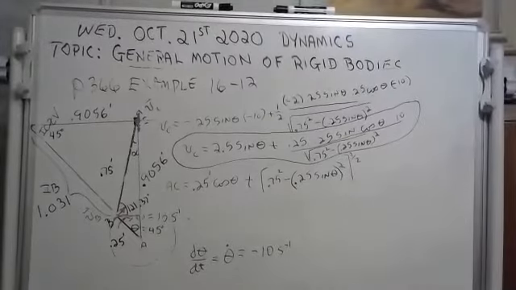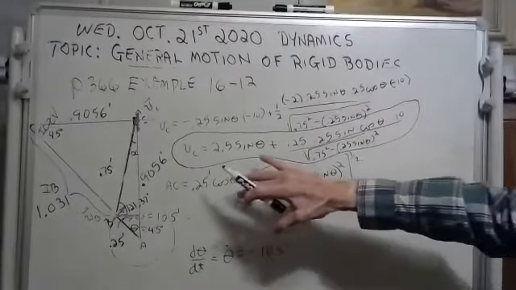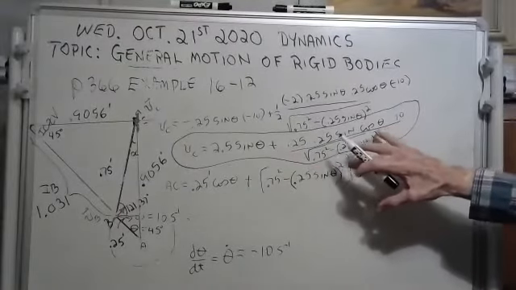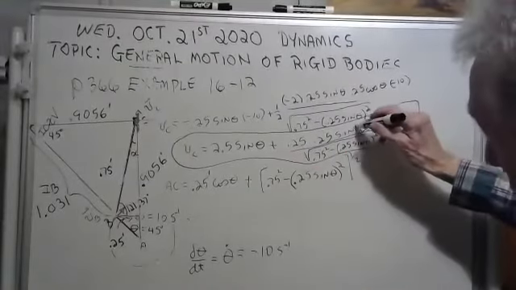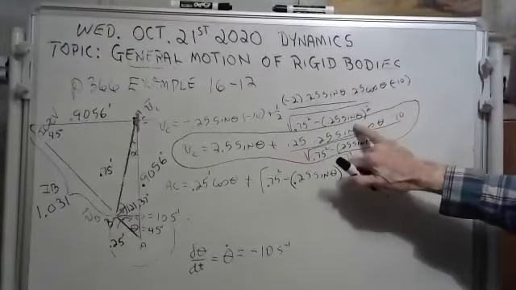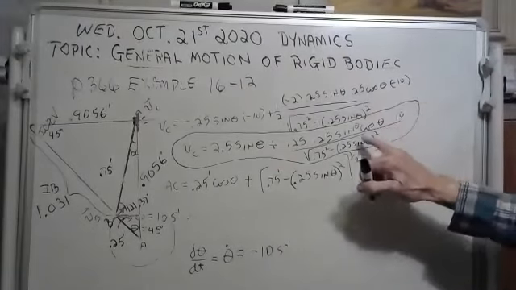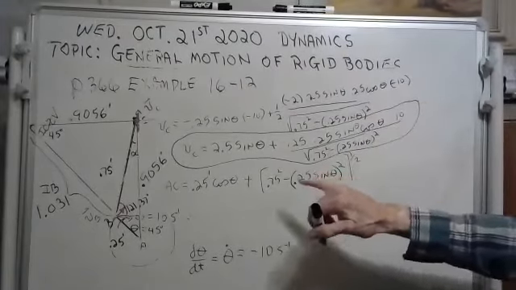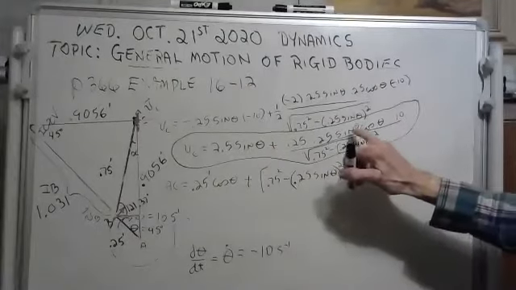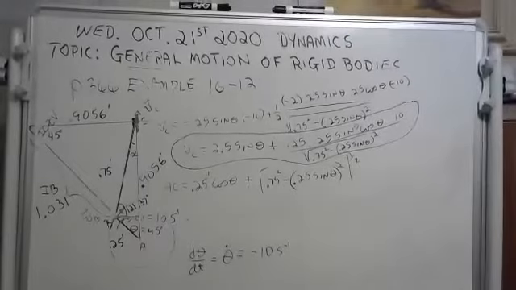Get your calculator. Oh gosh, we only got 5 minutes. Get your calculator and plug in 45 degrees. Whoops, where's my theta? There's a theta right there. There we go. Plug in 45 degrees everywhere you see a theta and solve that. I'm going to solve it and see what I get. Here I go.